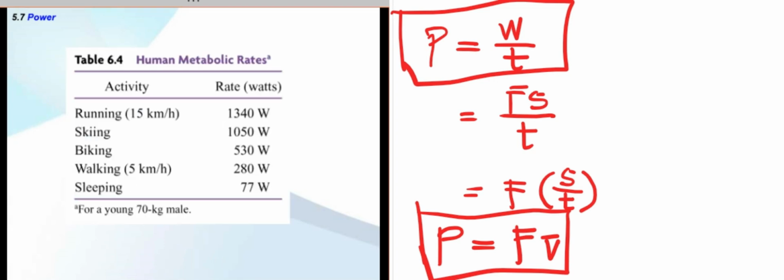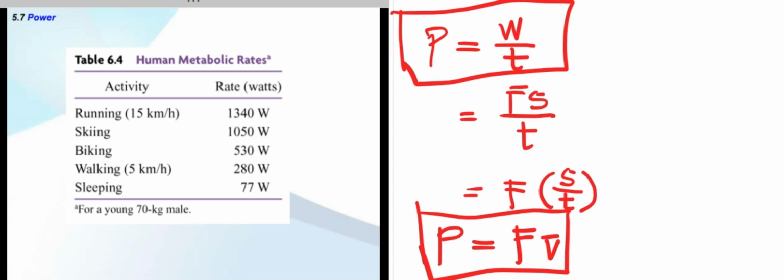Like for example, as we work, we also consume power in our body. If we run with a velocity of 15 kilometers per hour, then we are burning energy in our body.